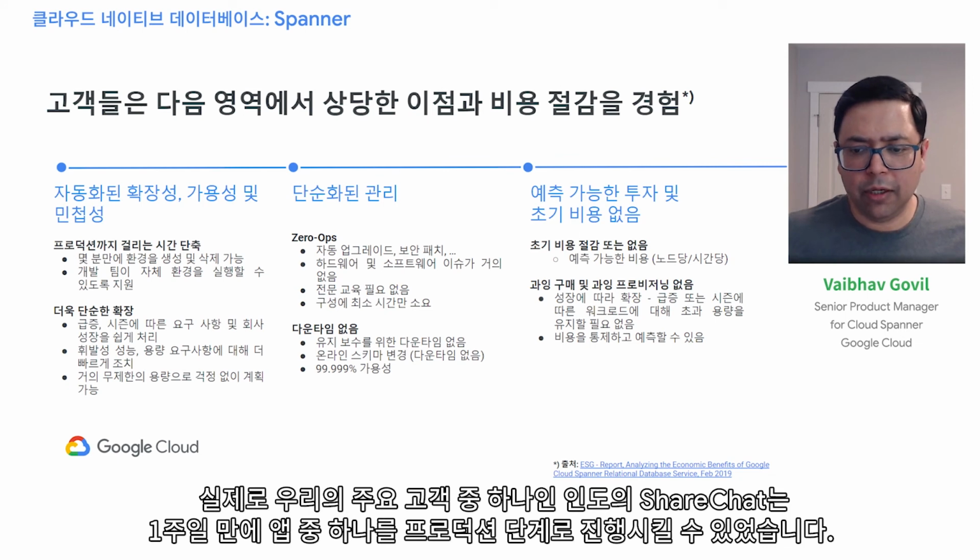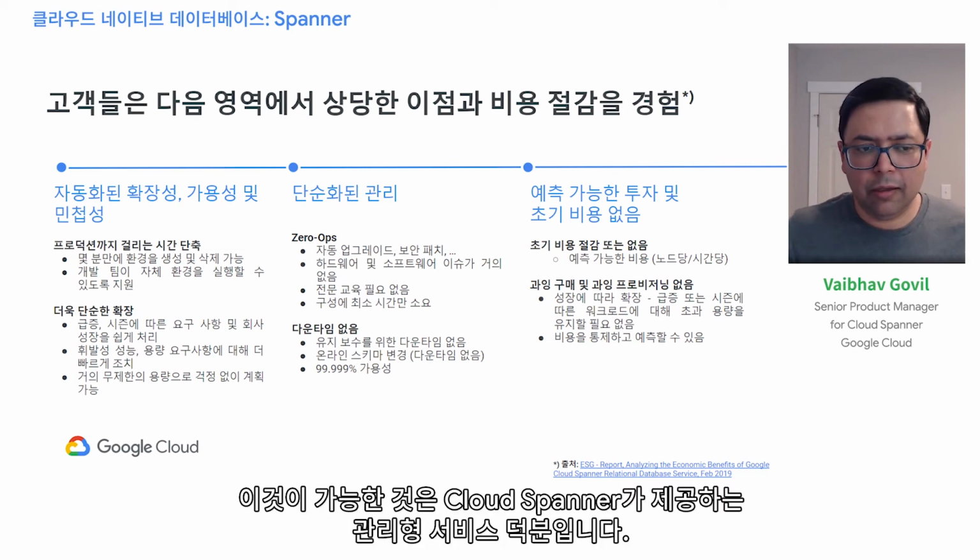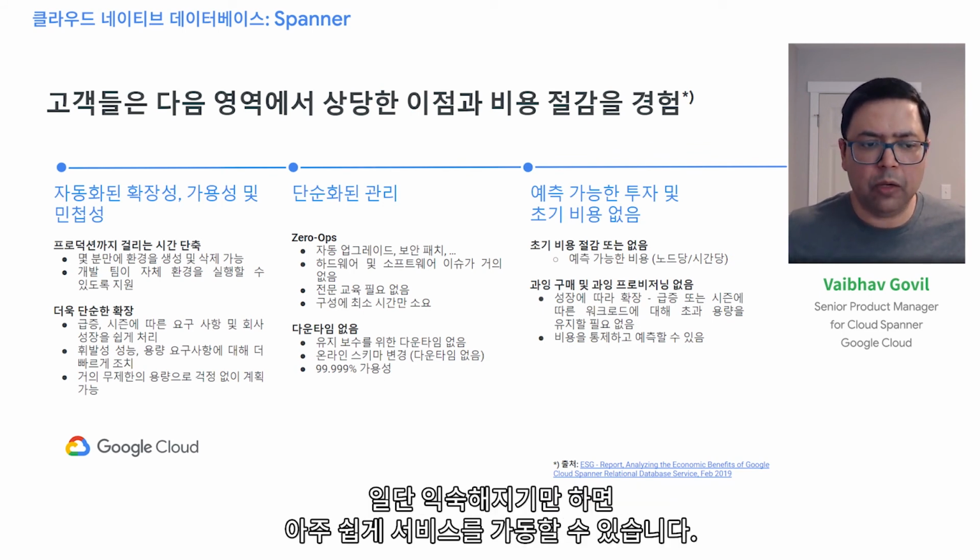In fact, ShareChat, which is one of our top customers out of India, presented and they were able to get one of their apps into production within a week. Again, something which Spanner enables you to do because of the managed experience, and once you are familiar with it, it's very easy to get up and going.